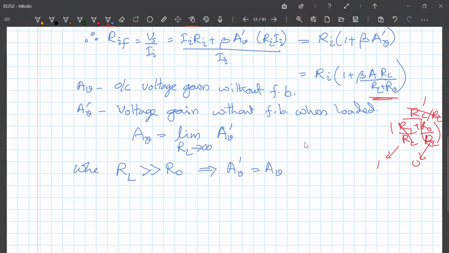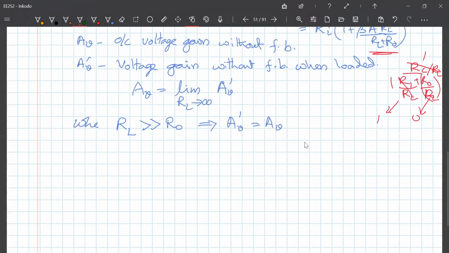Right? So the important thing to remember here is the input impedance. We have proved that input impedance Ri with feedback is equal to Ri times 1 plus beta AV, when there is no loading, there is no RL connected. The RL is infinity.